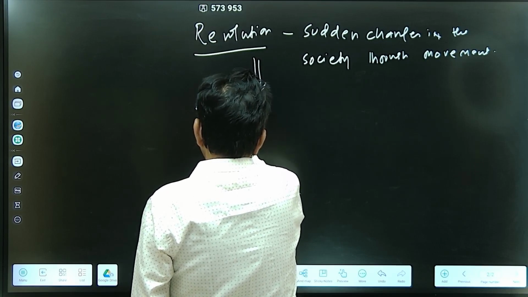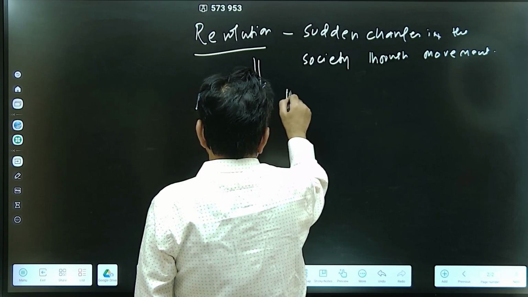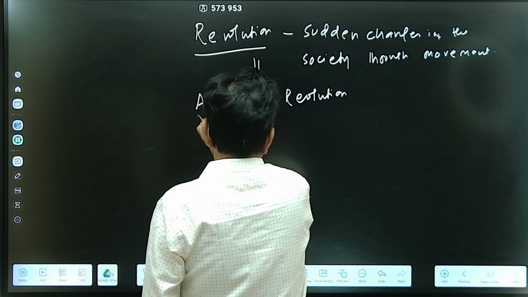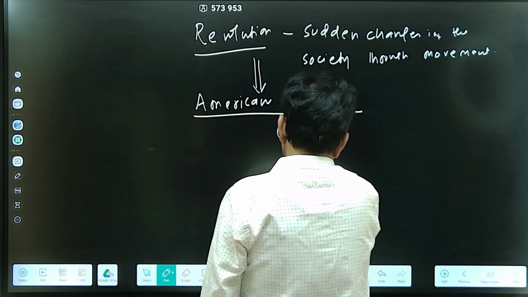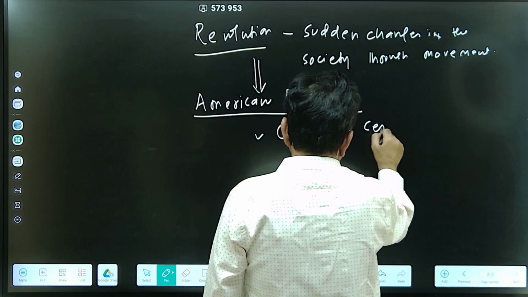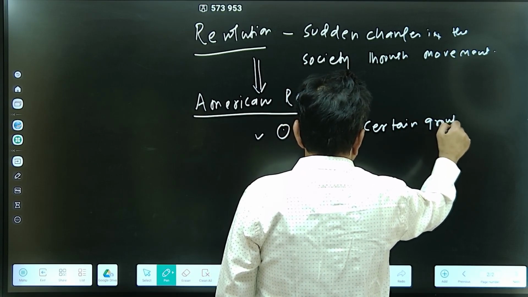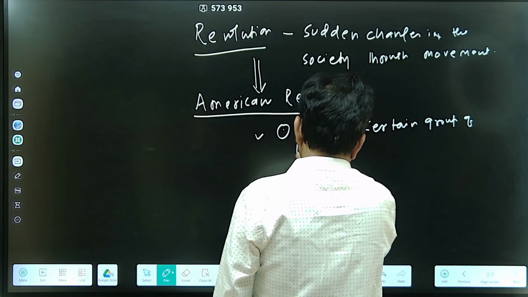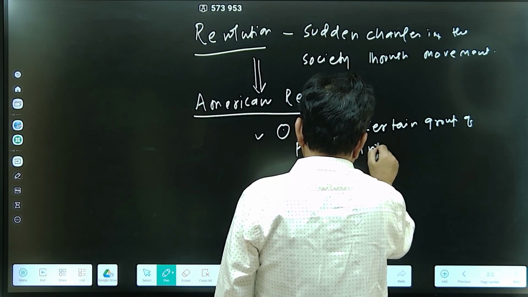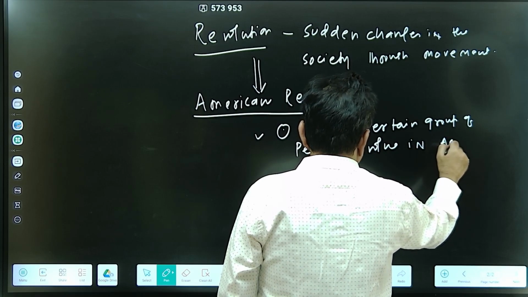In the American Revolution, the first major thing is that only a certain group of people were involved in this movement, in the American War of Independence.